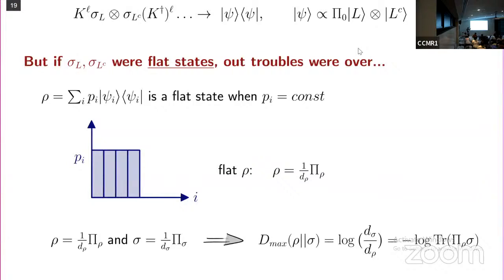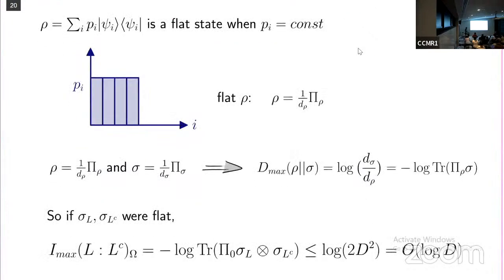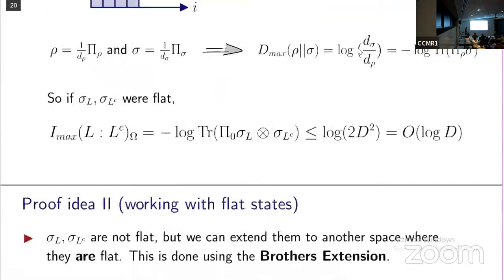So these are in some sense proportional to projectors, and if this sigma were a flat state, then you can show that there is a simple relation between the Dmax and the overlap. Since we had a bound for the overlap, that will give us straight away a bound for Dmax. And the question is how to get that.